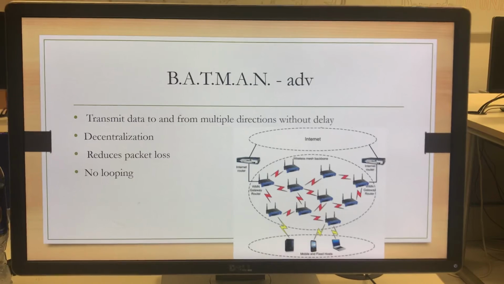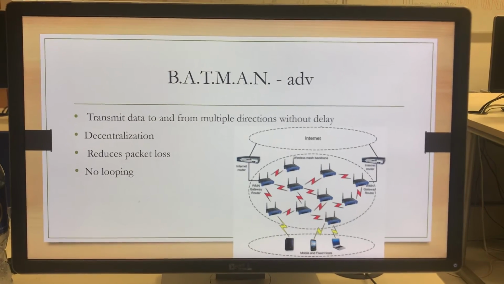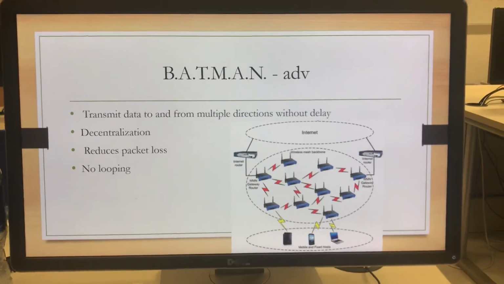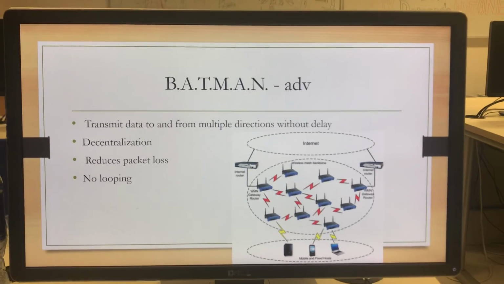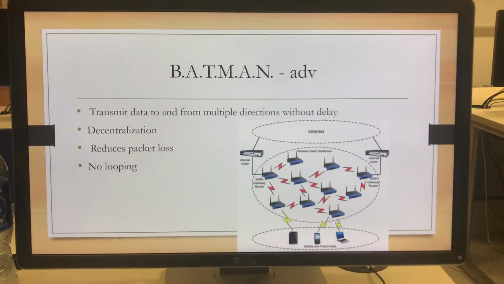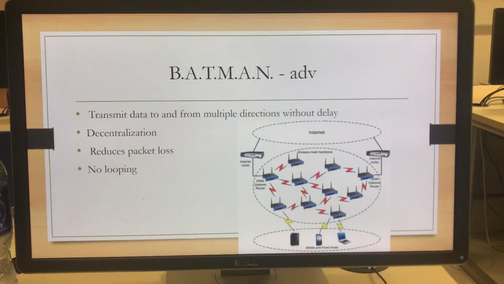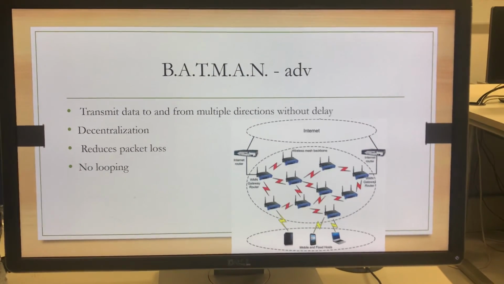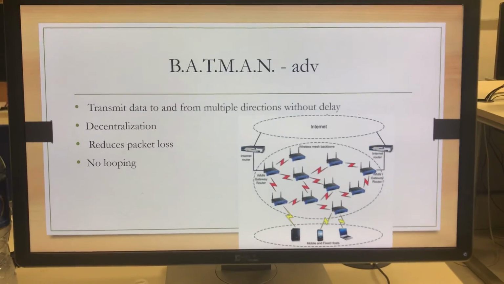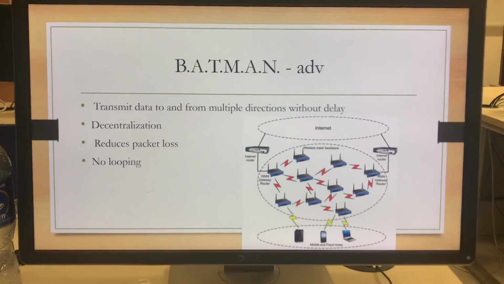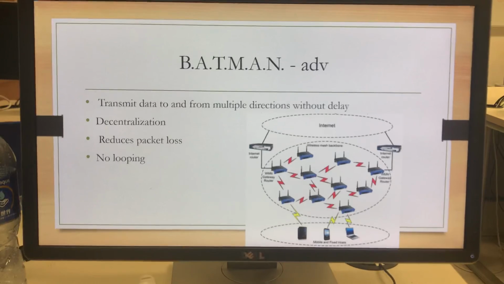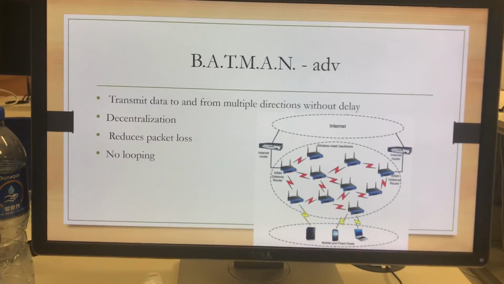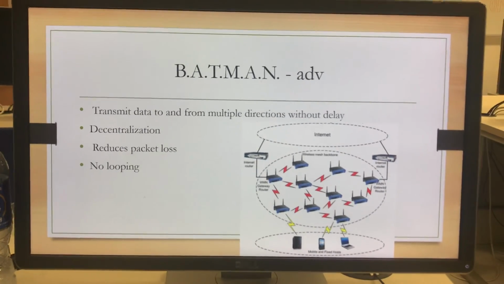So it's about the dynamic nature of the BATMAN protocol, which is a very distinctive feature of this protocol. And the last thing is no looping. BATMAN has no looping feature, which means when we are circling the transmission, like from node 1, node 2, node 3, node 4, etc., the packet transmission won't go back to the source node.